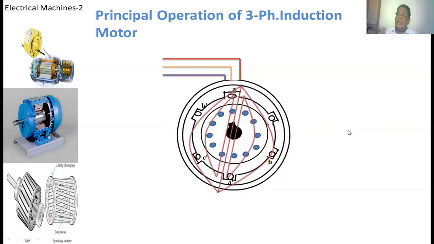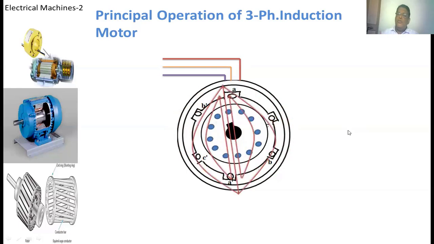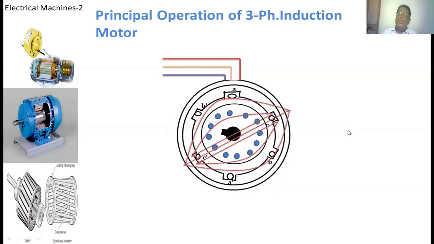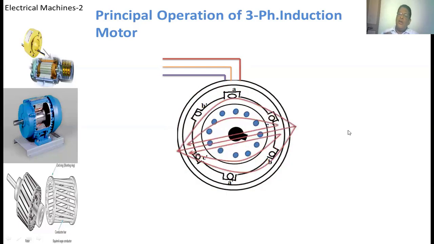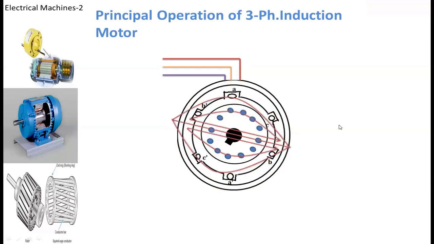The developed torque in the rotor will be zero. Once it is zero, the speed of the motor will fall back from the synchronous speed. So in this manner, the rotor is always trying to catch the speed of the stator flux, but it never catches it. This is the basic principle of operation of an induction motor.